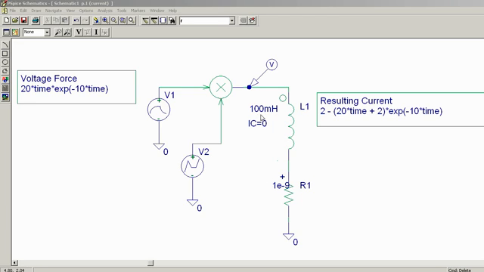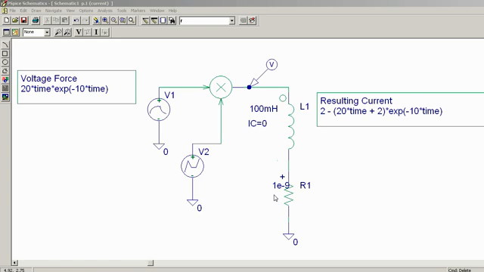So the inductor value here, again, we're going to confirm, make sure that it's what we had on the board, is 100 millihenries or 0.1 henries, and we have an initial condition of 0, which means no current is flowing through this inductor initially.